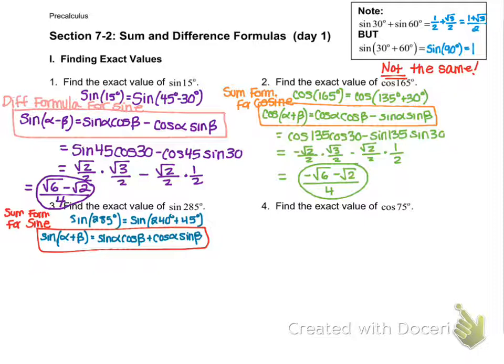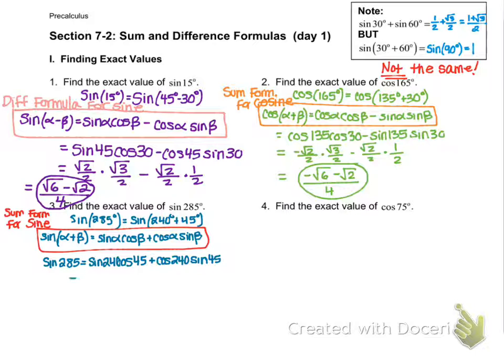So when we substitute our values, we're going to have sine of 285 is equal to sine of 240 cosine of 45, plus cosine of 240 times sine of 45.